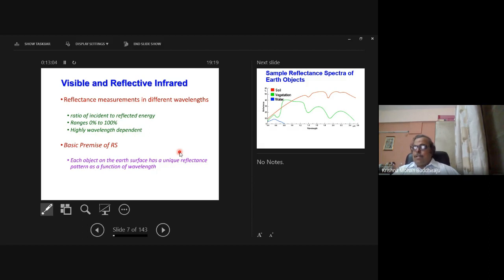Again, an assumption which is not very easy to fulfill is that each object on the Earth's surface has a unique reflectance pattern as a function of wavelength. This unique pattern requires that the observations are made in a large number of wavelength bands.